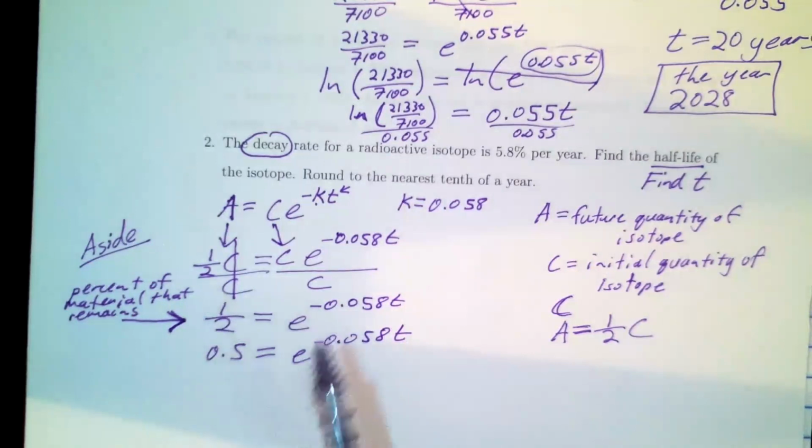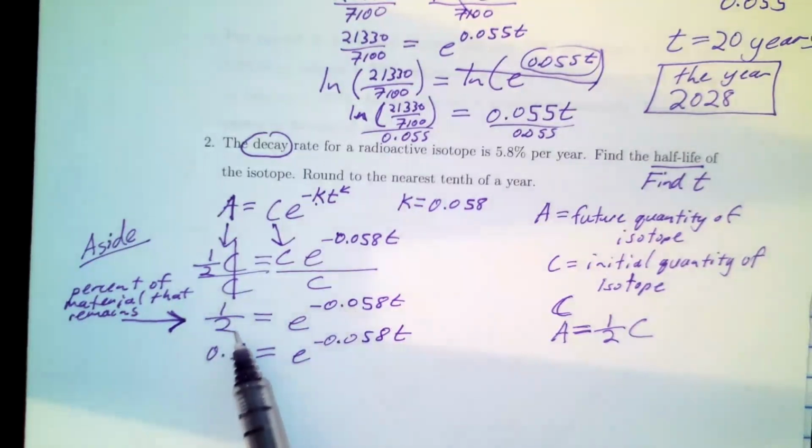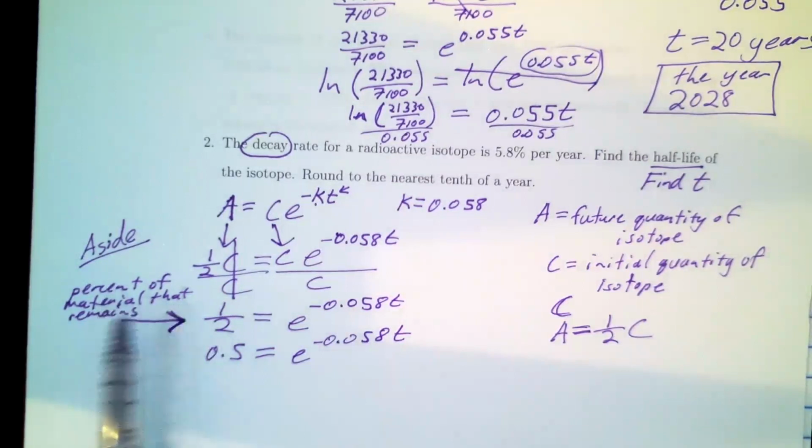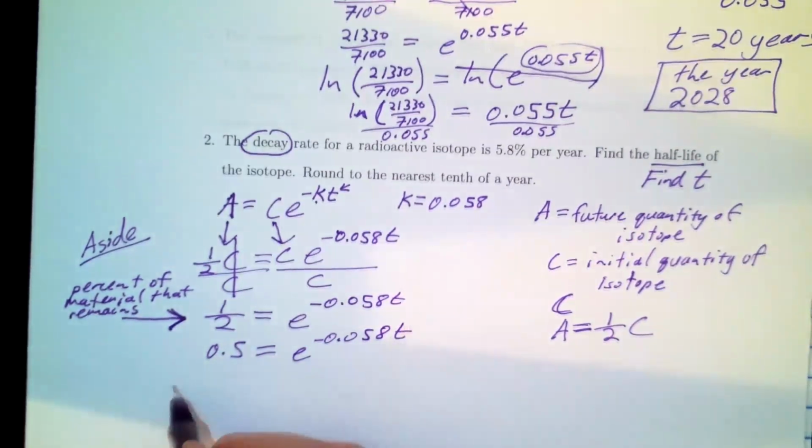So we're doing our algebra. We end up with a 1/2 over here because of the half-life, and we should note that this is no coincidence. The 1/2 is the 50% of the material that's still left. Now let's go ahead and solve for T as we were doing.